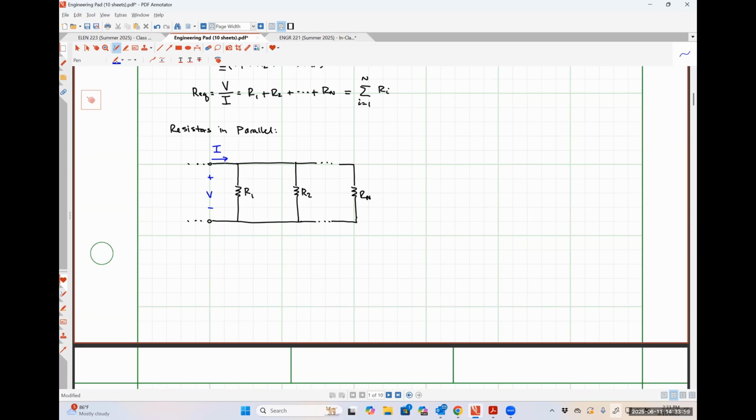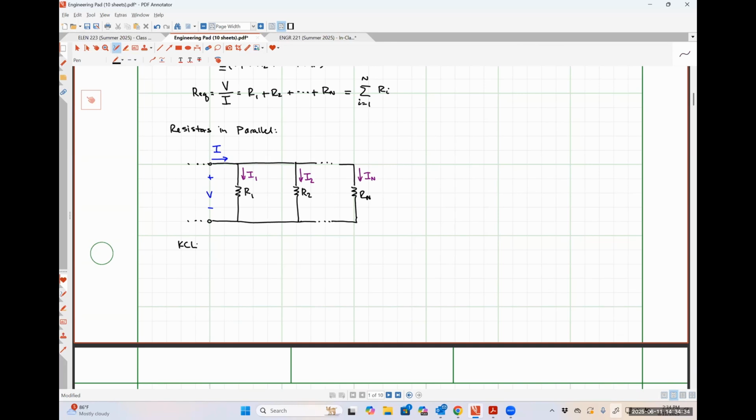I'm going to choose to have all of my resistor currents directed down so that the current is flowing into the positive polarity terminal of each resistor. And my Ohm's law won't have any negative signs that I need to bother myself with. Okay. So let's call this current right here I1, this current right here I2, and this current right here I sub N. Okay.